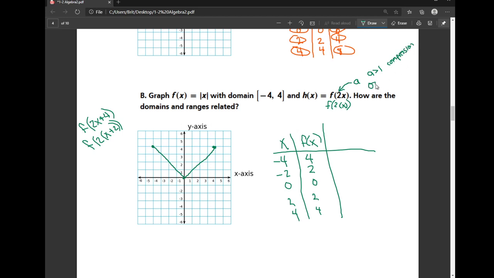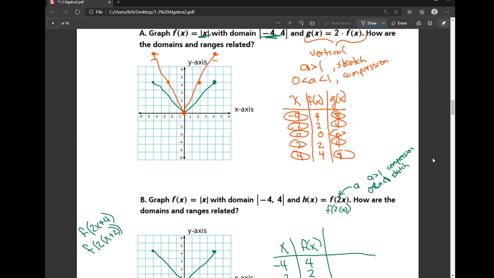And if that a is between 0 and 1, that'll be a stretch. So notice that it's kind of flipped backwards from the vertical ones. Stuff inside the parentheses always feels a little backwards.